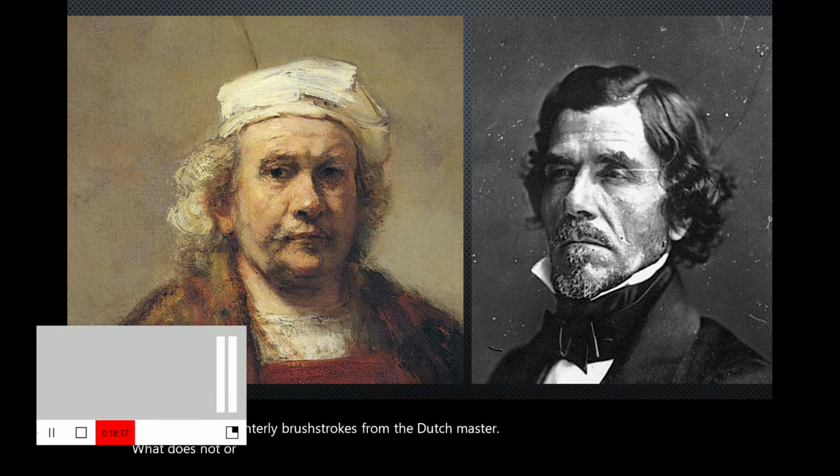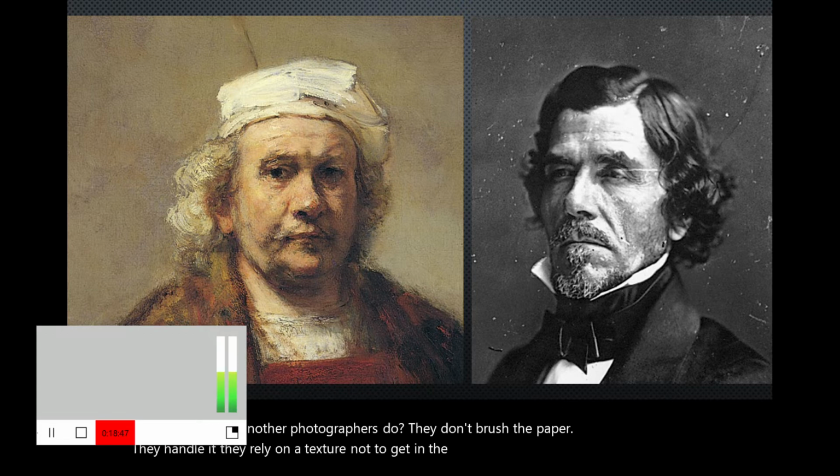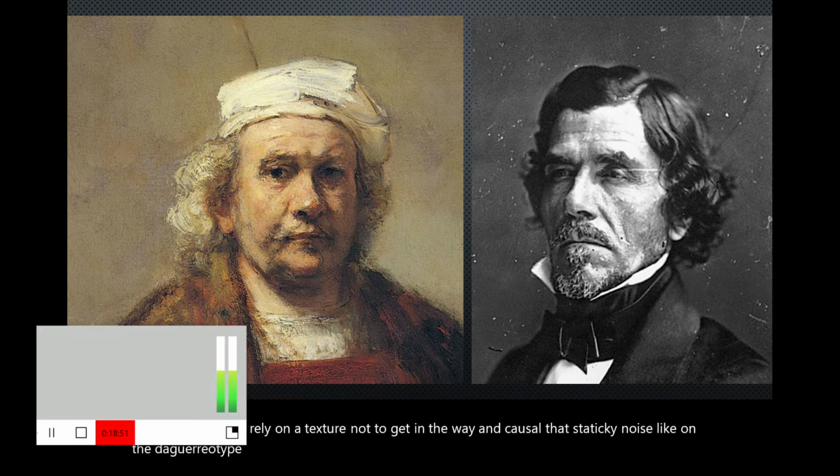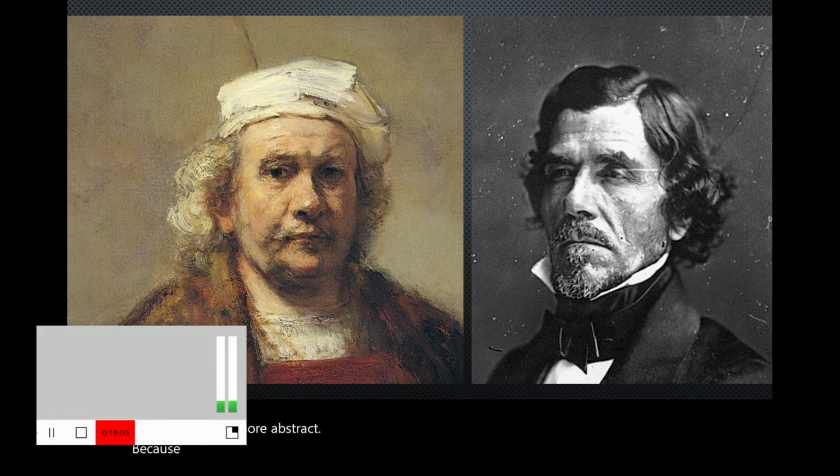They don't brush the paper. They expose it. They handle it. They rely on the texture not to get in the way and cause all that staticky noise, like on the daguerreotype. Or they welcome the statickiness, and the texture might lend to the work and make it a bit more abstract. Because we can appreciate the left as a true portrait, right?